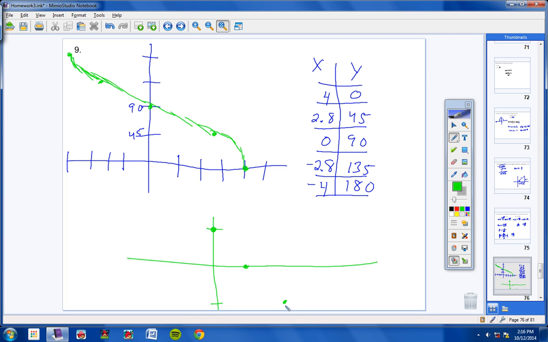At 90 degrees it hits here, and 180 it hits here. So the graph looks like this. Remember this? This is the good old cosine graph we learned a long time ago, okay?